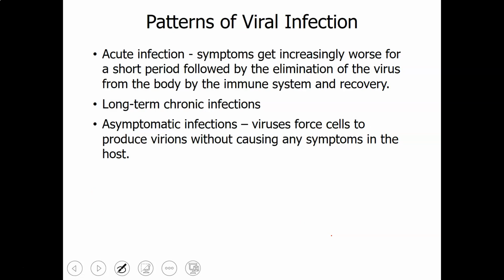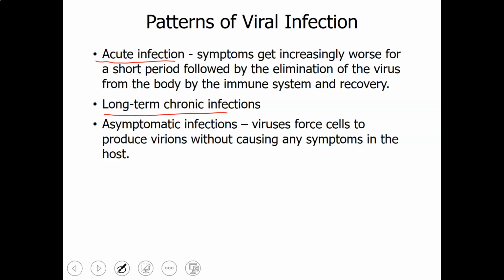Now, when we get infected with a virus, the infection can be acute or it can be chronic. If you know what those terms mean, they mean the same thing here. Acute means that you get symptoms which get increasingly worse for a short period, and then the virus is eliminated from the body by the immune system, and we recover. Then you can have long-term chronic infections.